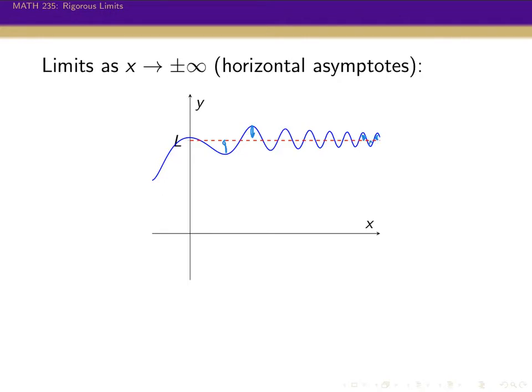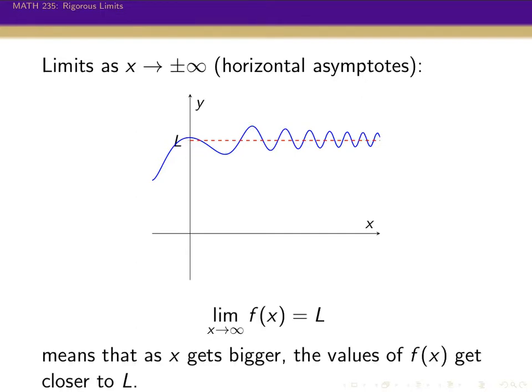So as we go further to the right, all the crests, all the values of the function are staying closer and closer to the line. Okay. So in this case, we would say the limit as x goes to infinity of f of x equals L. Intuitively, that's saying that as x gets bigger and bigger, the values of the function get closer and closer to L.